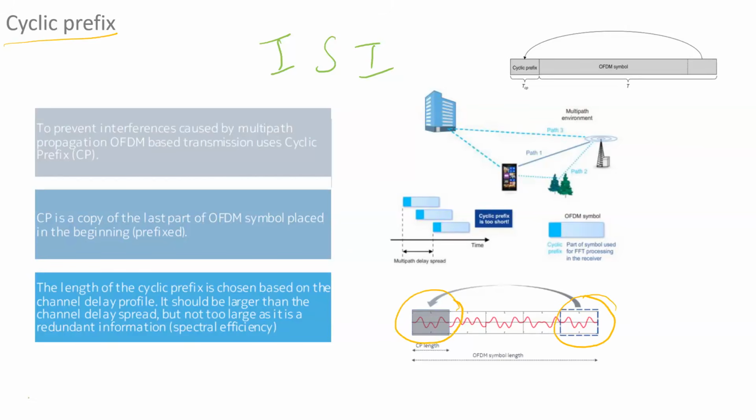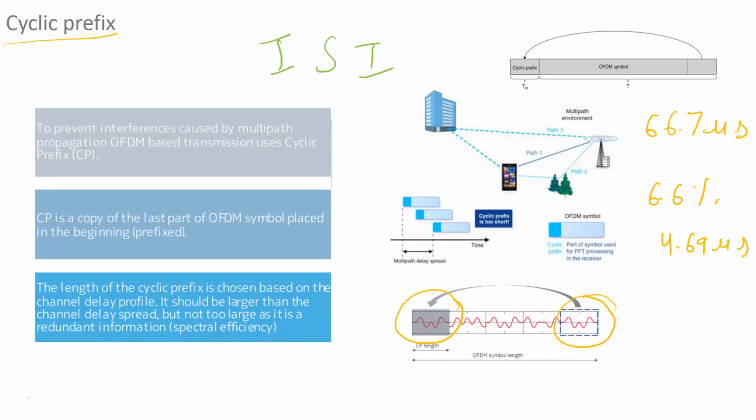Suppose our symbol time is 66.67 microseconds. The cyclic prefix is generally 6.6% of the total symbol time, so the cyclic prefix will be around 4.69 microseconds.